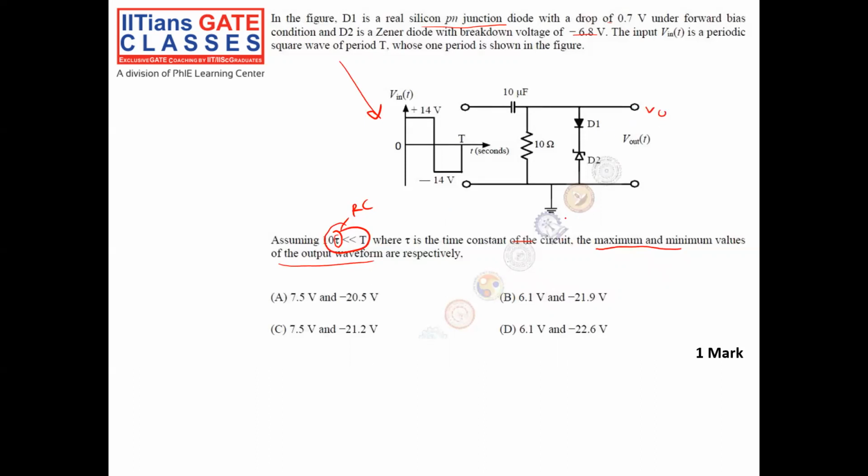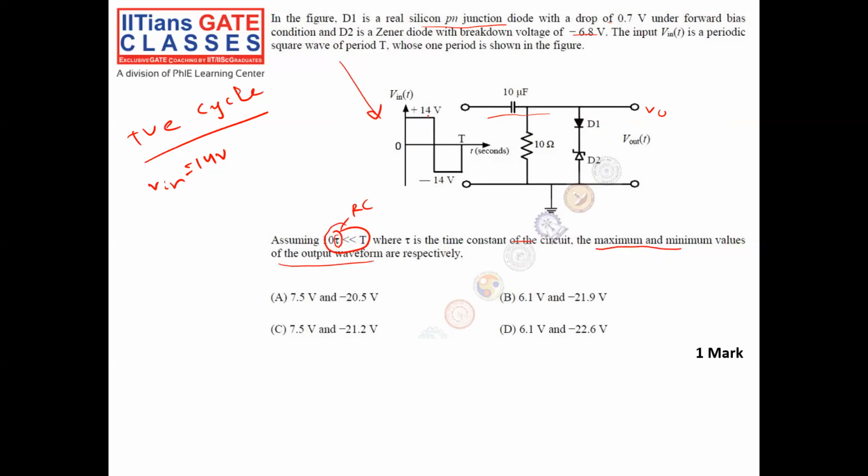So when you apply the positive cycle, V in is equal to 14 volt. Initially the capacitor might be uncharged. So when you apply 14 volt, the capacitor will charge and some positive voltage I will also get at the output.